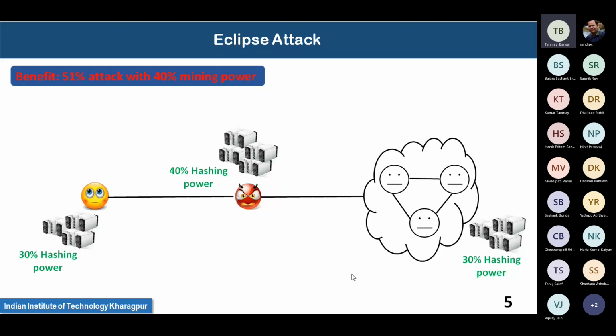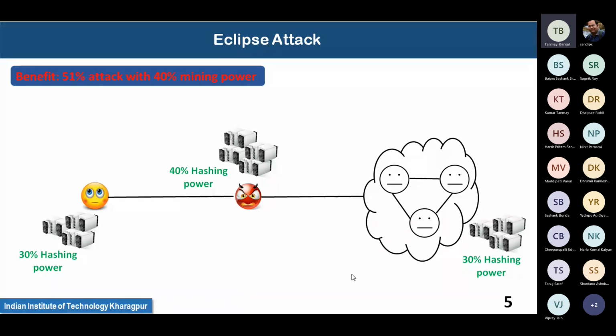But here, by wisely partitioning this network, the 30% hashing power of the victim is not actually working against the attacker, which has 40% power. All the communication between the victim and the rest of the network is controlled by the attacker. So even with 40% hashing power, it can do what otherwise it would have been able to do only with 51% computing power.